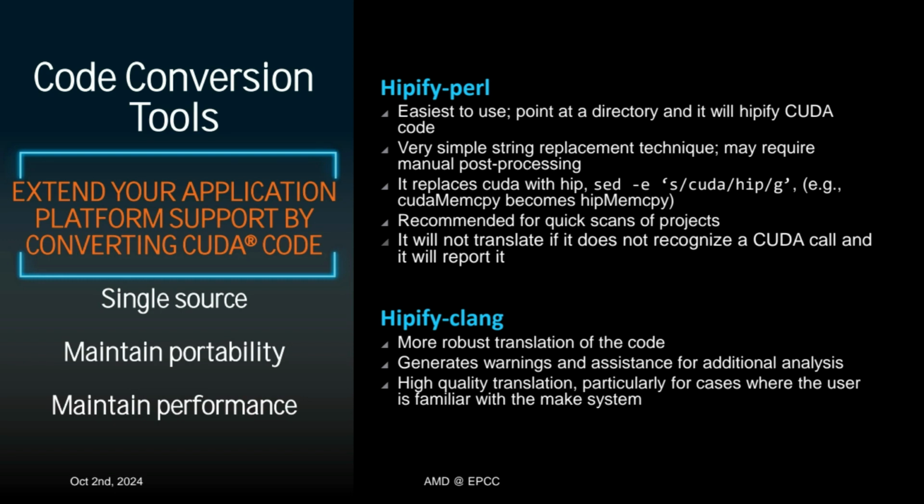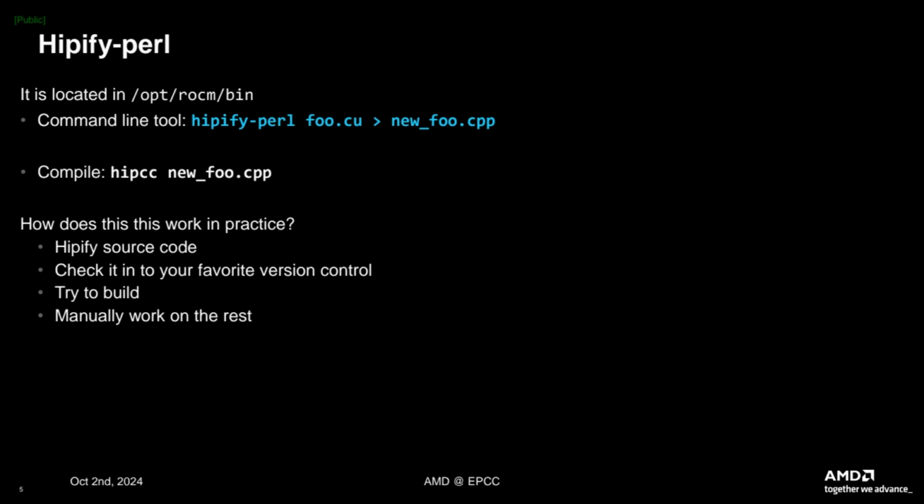You just call Hipify Perl and give the CUDA code as argument, and then you pipe the output to a new source code that will have the hipification included. It will include the HIP runtime call and the API translation, and the good thing is that the CUDA library calls will also be modified by this tool.